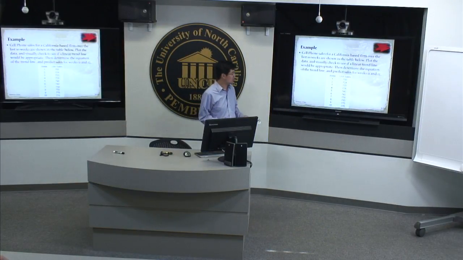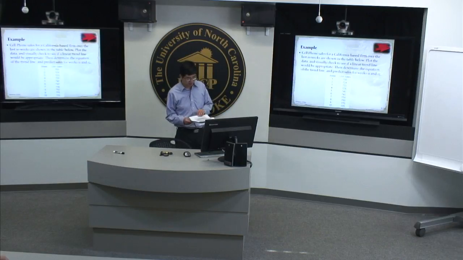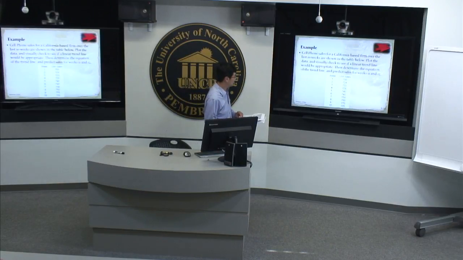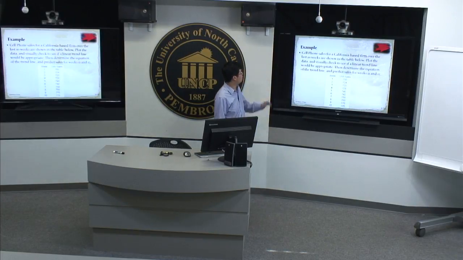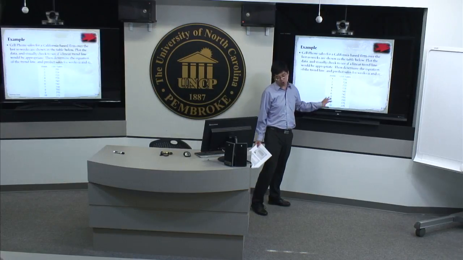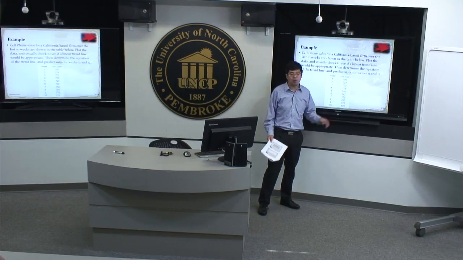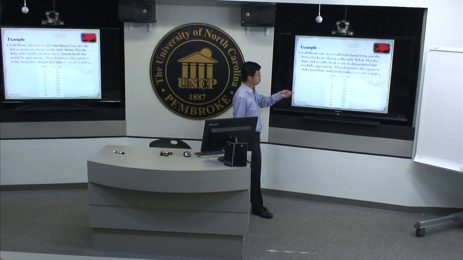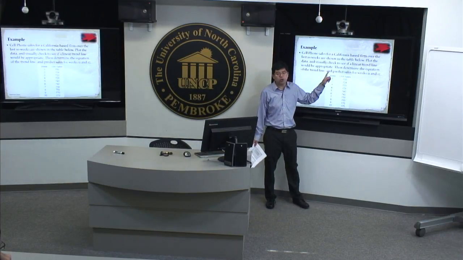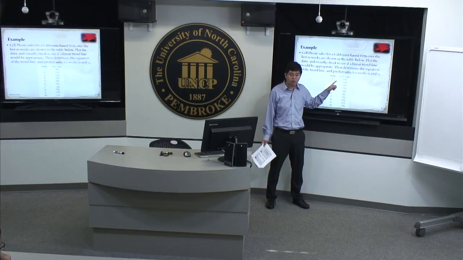Okay, so recall what we have learned last week. We have built the linear trend function based on the past 10 weeks of sales data, right? We mentioned before, ideally we should use the past historical demand data.